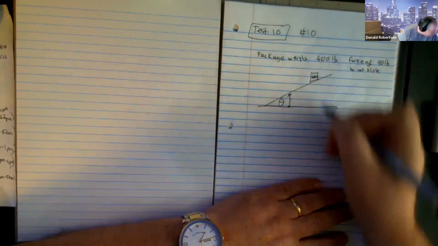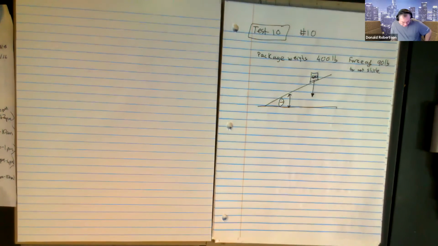Right, let's put the package here. Right, that's 400. Gravity is pushing down on it. So when I look at this question, I'm basically saying, okay, if it's not going to slide, it must be balanced in some way.